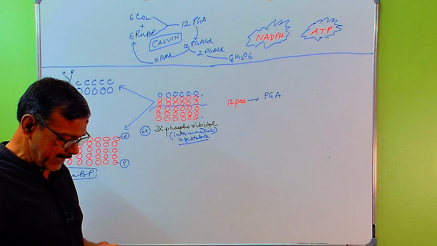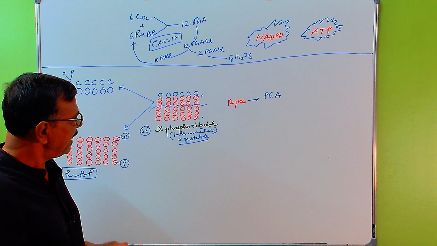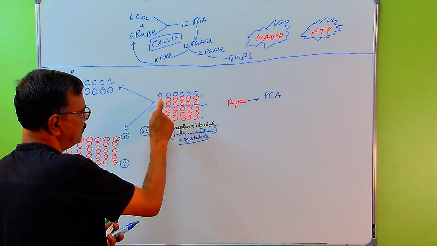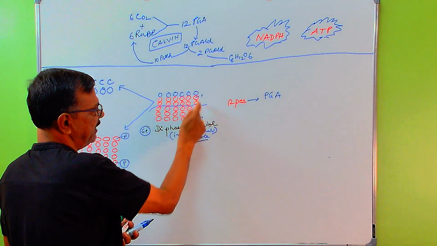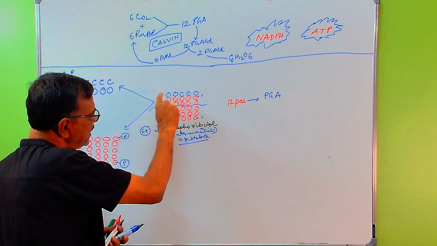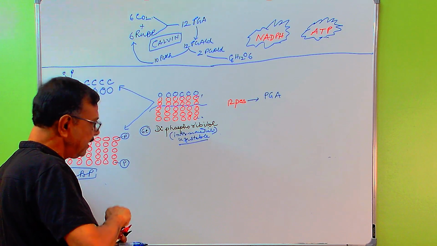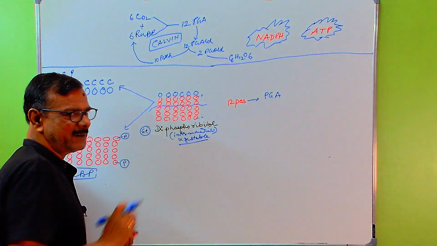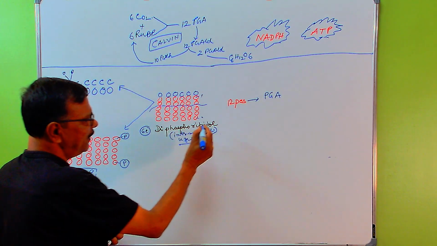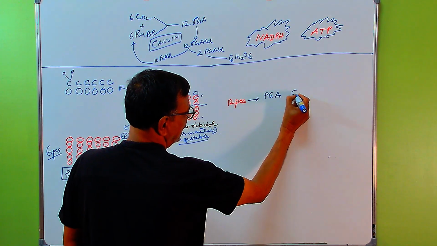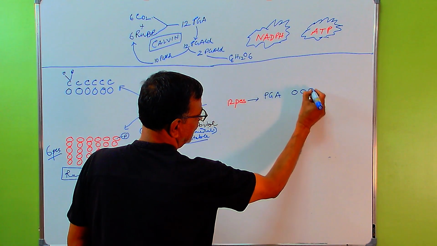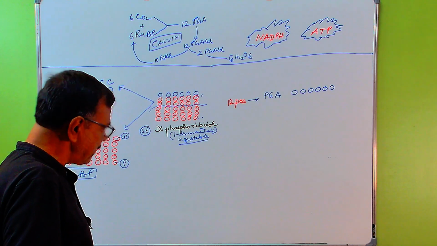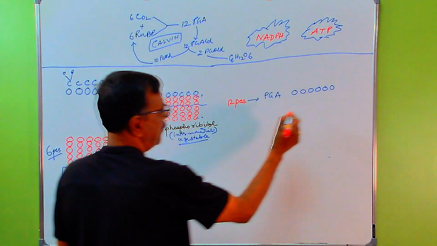Now you can say one thing: out of these 12 pieces, 6 pieces contain the carbon of carbon dioxide. So 6 pieces will get this carbon, and 6 pieces will not.